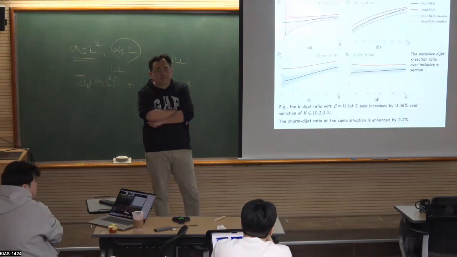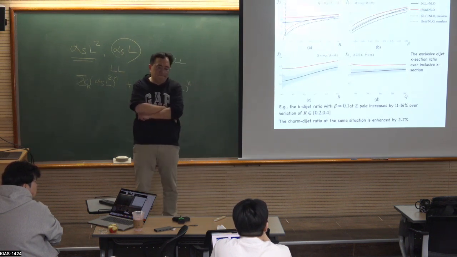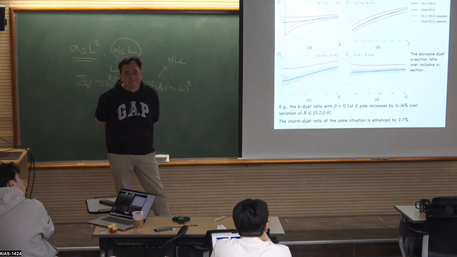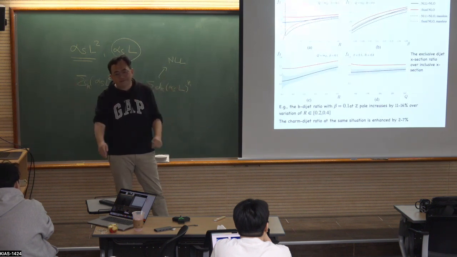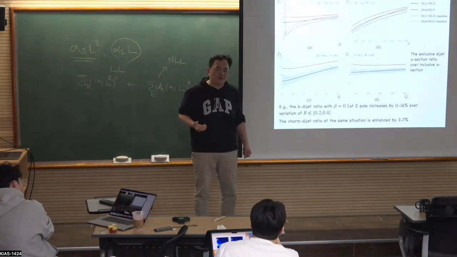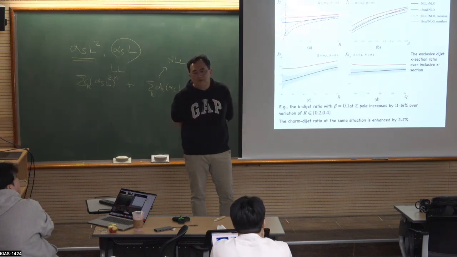The simple reason why you have an increase, so in the bottom case the b dijet is increased relative to the massless case, is that the phase space has become broader. Usually when you have a massive fermion, the phase space is smaller and the radiation is smaller, naively.